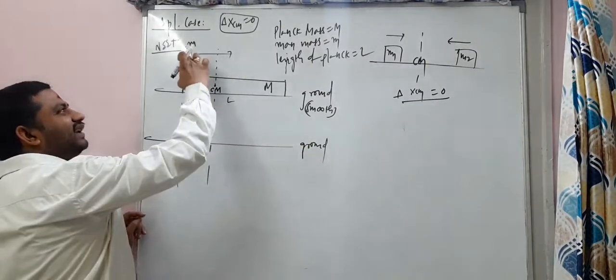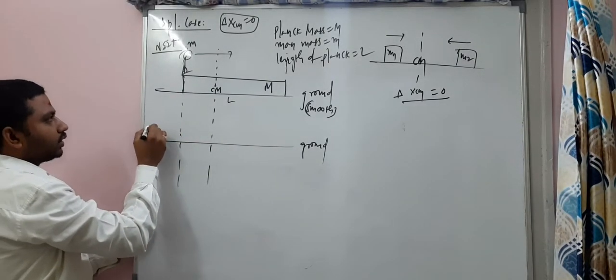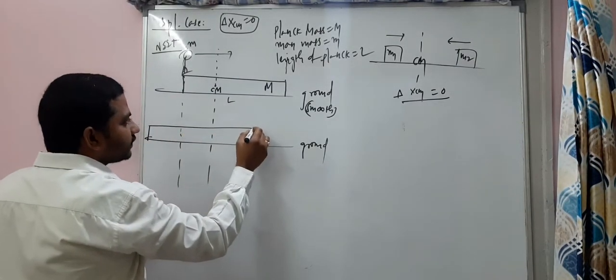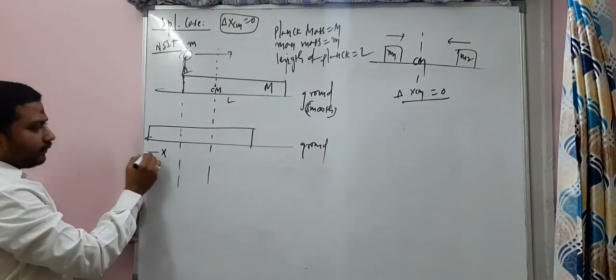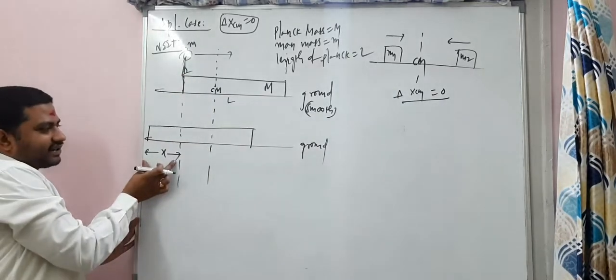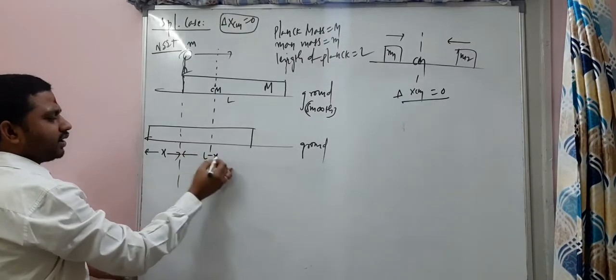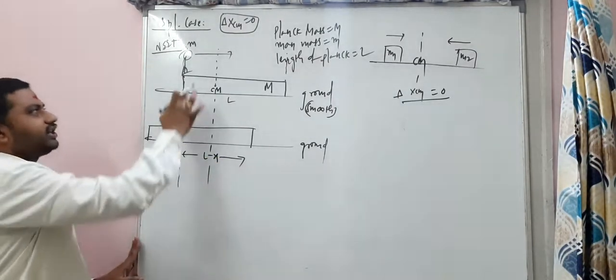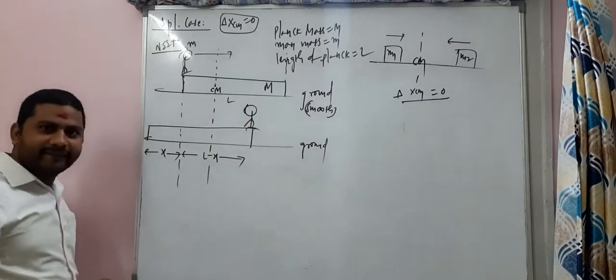This is the plank's position, students. How much backwards it has moved, you know? X is how much backwards it has moved from the initial reference line. So the remaining length of the plank is L minus X.